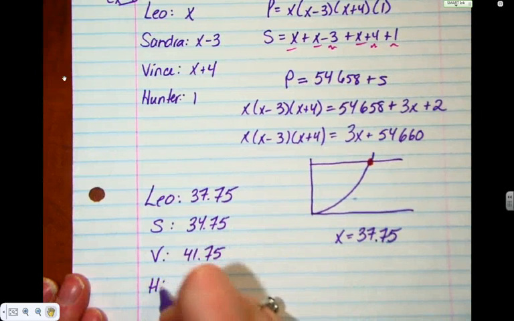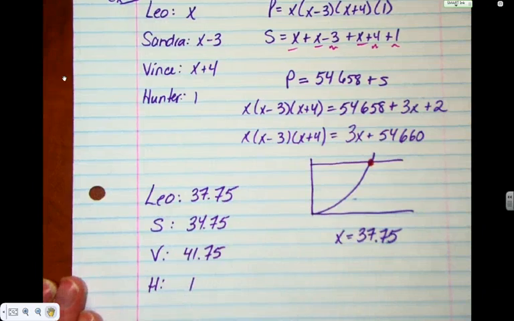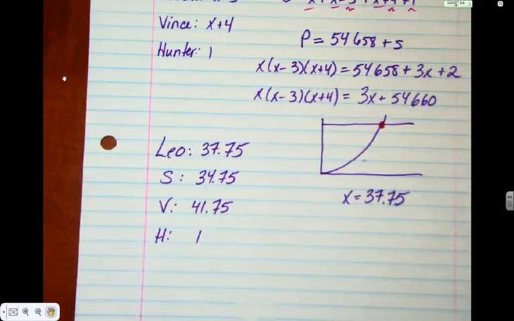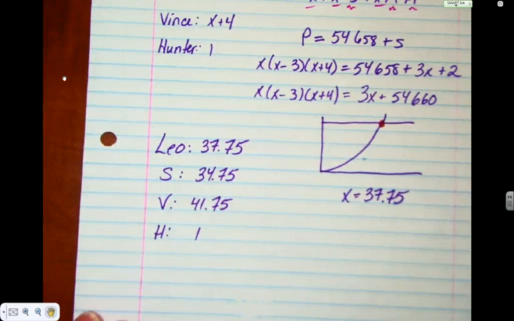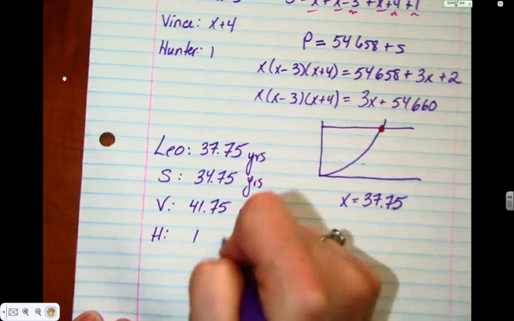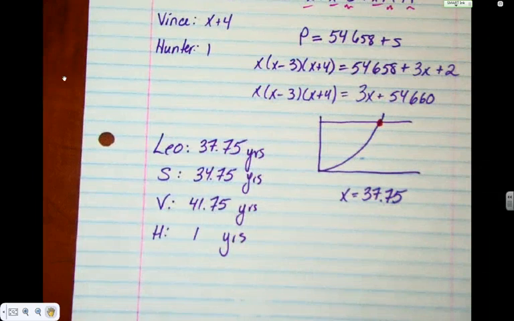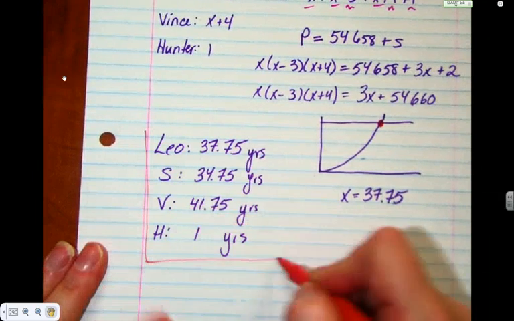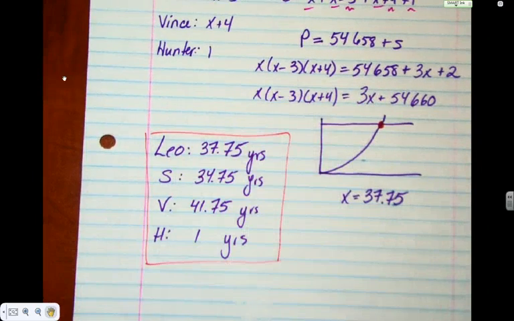And baby Hunter? He's still 1. Some units. Age problems are always going to work that way. They're going to give you people in relation.